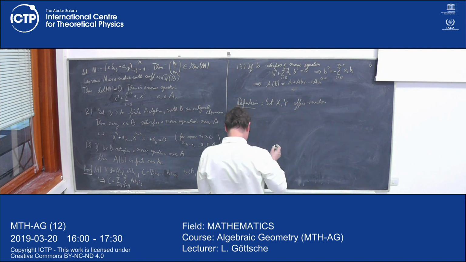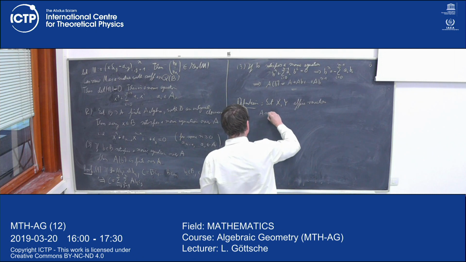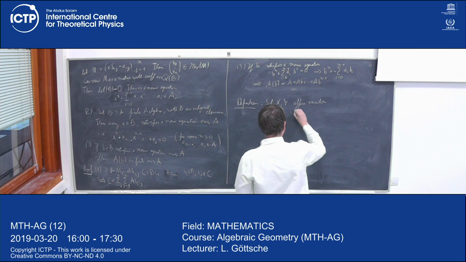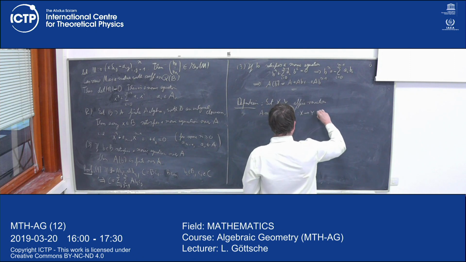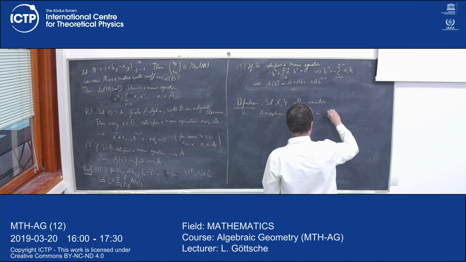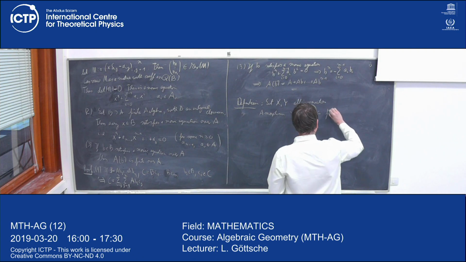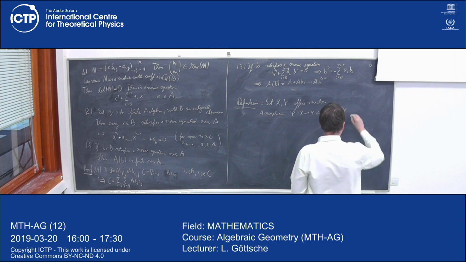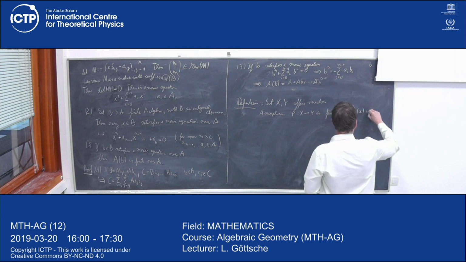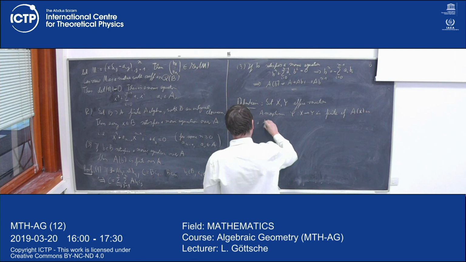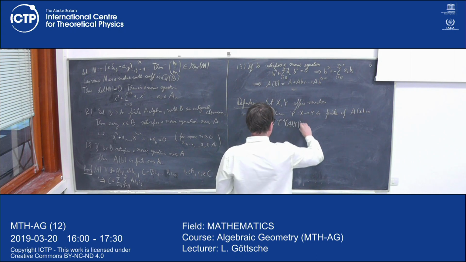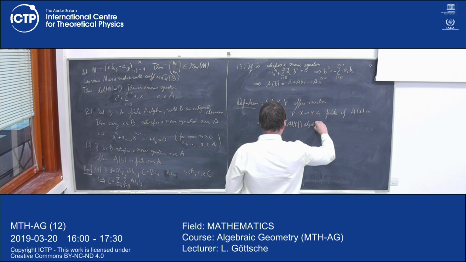The morphism phi from X to Y is defined to be finite if A(X) is a finite phi star of A(Y)-algebra.